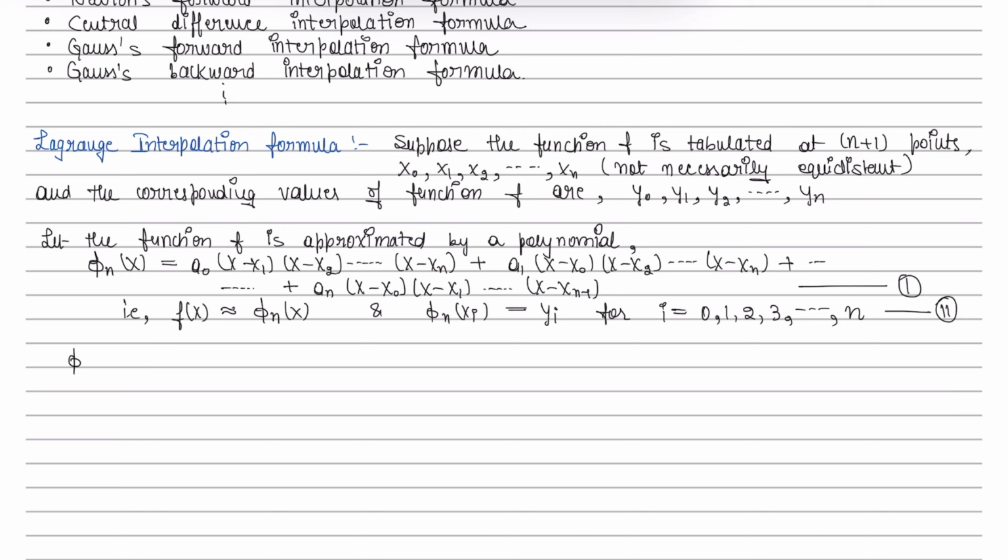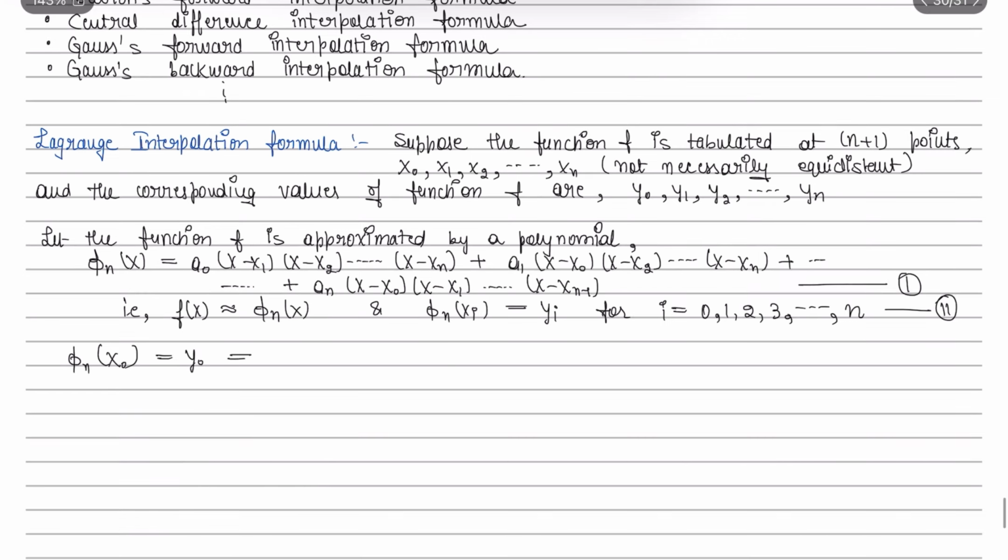So starting with i equals 0, phi n of x0 is equal to y0, and we know that the value of phi n of x0 will be a0 into (x0 minus x1)(x0 minus x2) so on to (x0 minus xn).